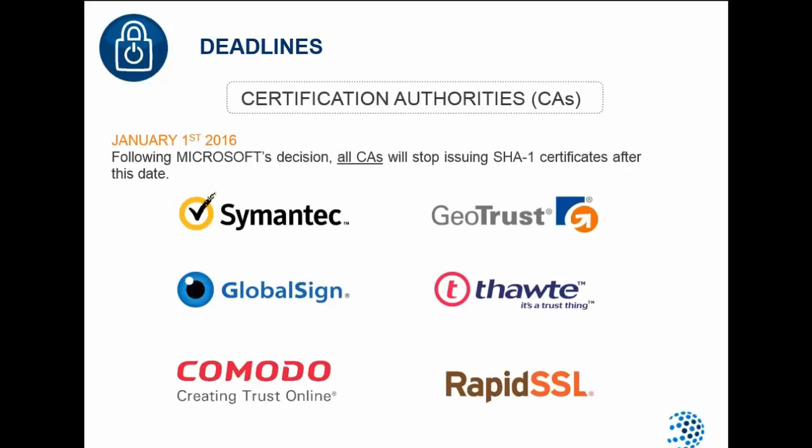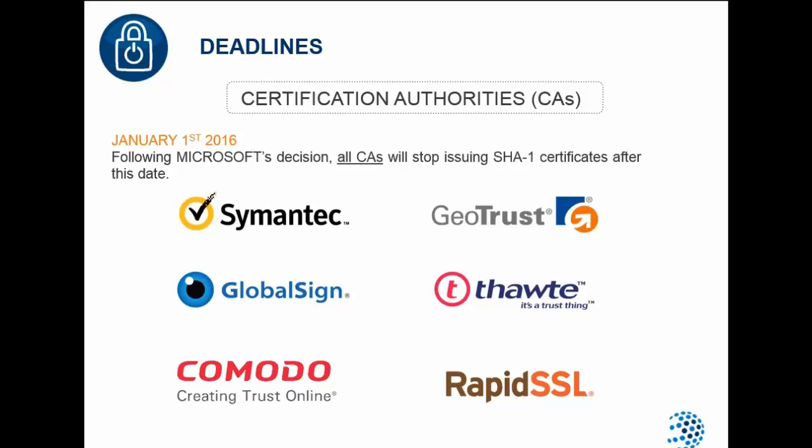Now, these deadlines are not just for browsers and servers, they're also deadlines for certificate authorities. Here is another important date for you. As of the 1st of January 2016, following Microsoft's decision, all certificate authorities will stop issuing SHA-1 certificates. If you want a certificate in SHA-1 after the 1st of January 2016, you won't be able to get one.